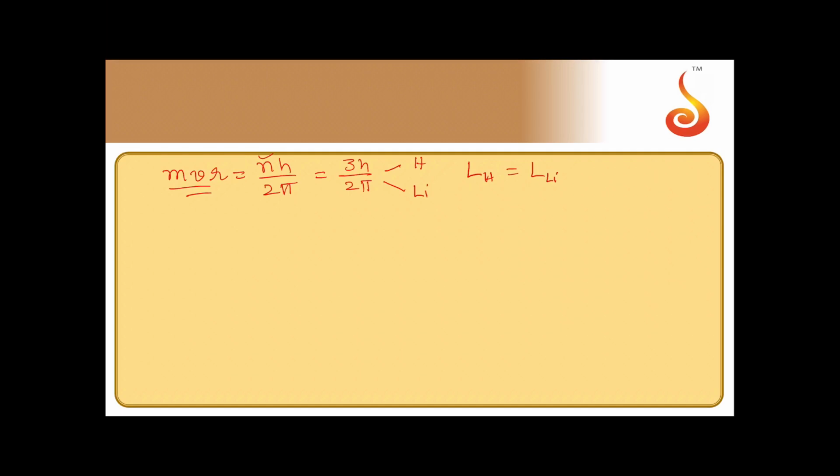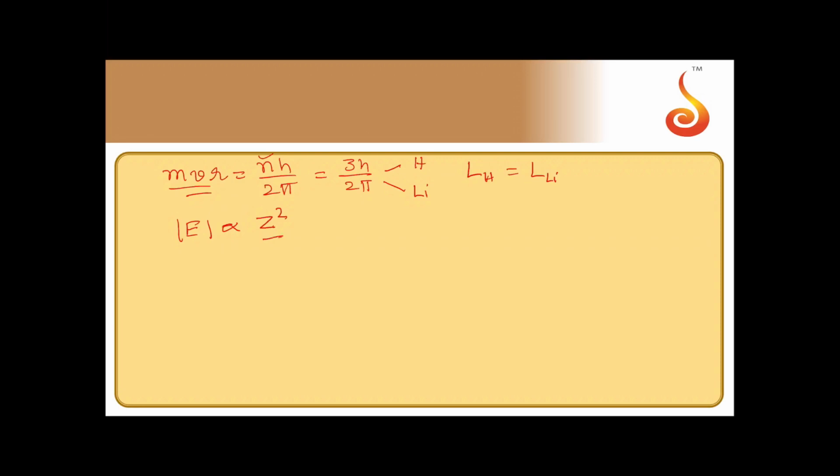Now coming to respective energies. If I take the magnitude of energy, it is proportional to Z square, m Z square e to the power 4. So it is proportional to Z square. We are taking only magnitude of energy. So in the options also they have given that only.